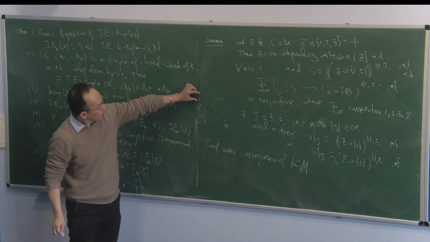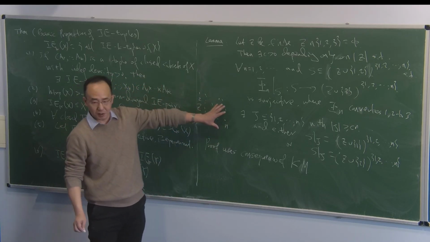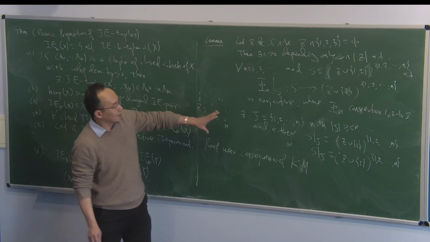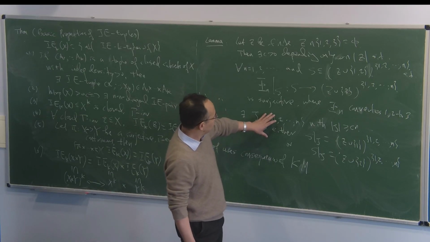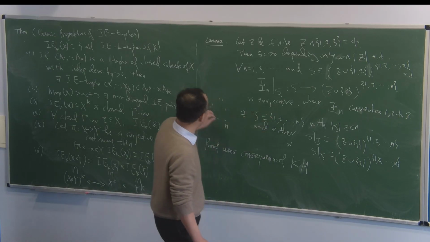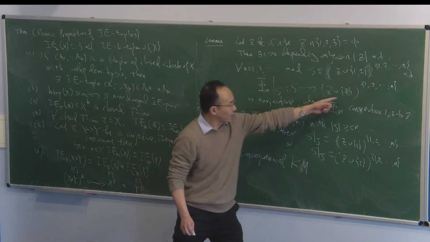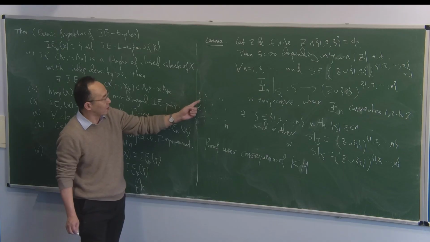When you combine them together into 3, you get everything. Now this is kind of a Ramsey phenomenon: you split 3 into 1 and 2.